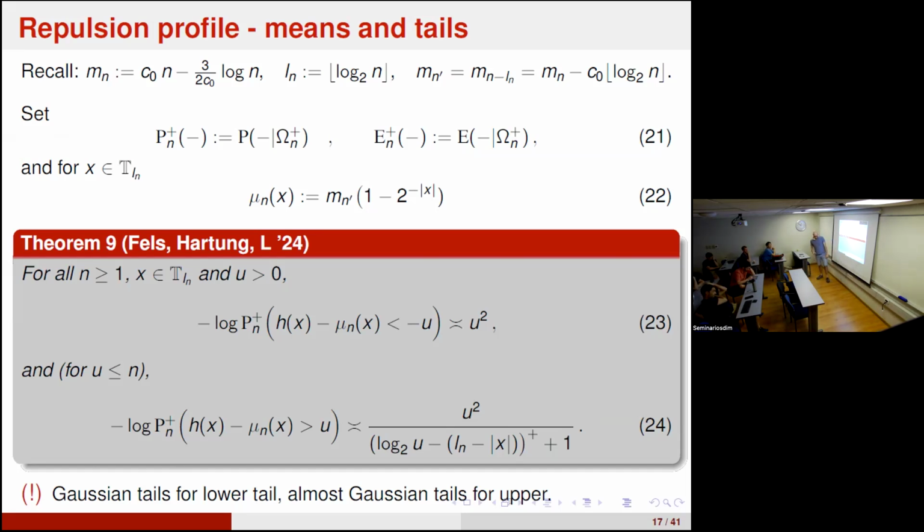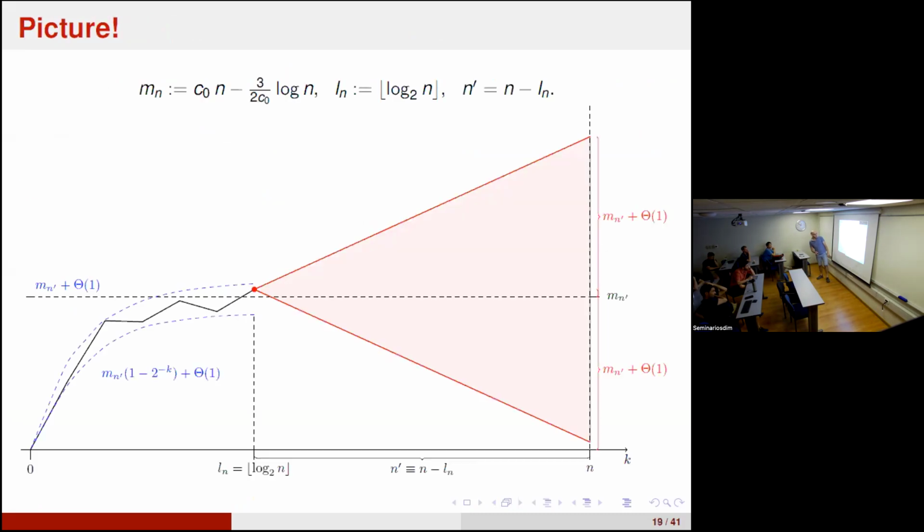Here's a picture. Every vertex among these 2 to the l_n vertices in the first l_n generations goes up, and they stay very close to this. They go all the way up to a level m_n'. In particular, this is lower than m_n.